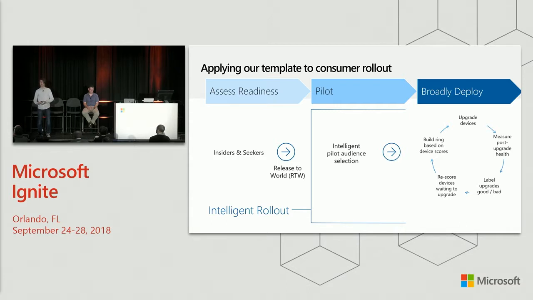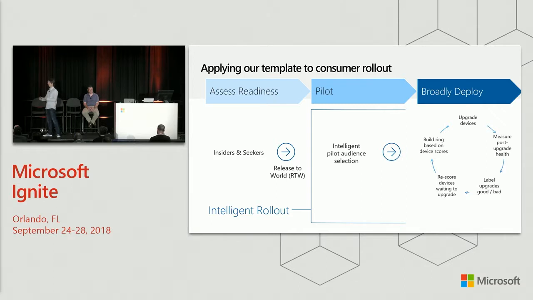And so this is where we have this pilot selection, where we'll look at all of these different permutations of devices and look at what we know, and we'll pick a subset of devices that we don't already know about from our insider audience. So we understand this set of devices. We want to look at a broader set of devices, and what is the smallest number that we can look at with some caps in order to better train and better understand what's going on. And we do that through a piloting phase.